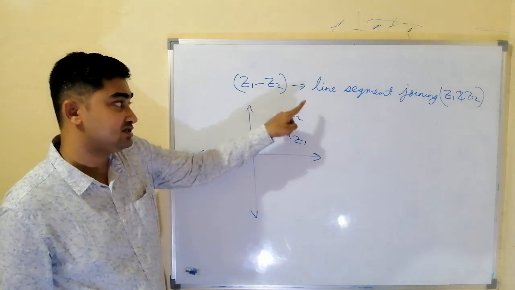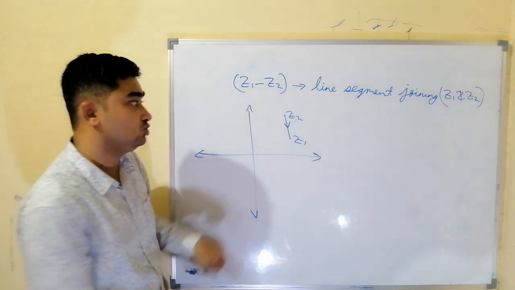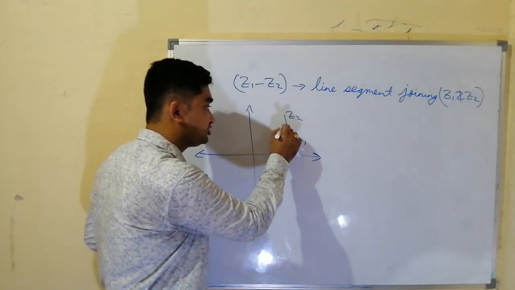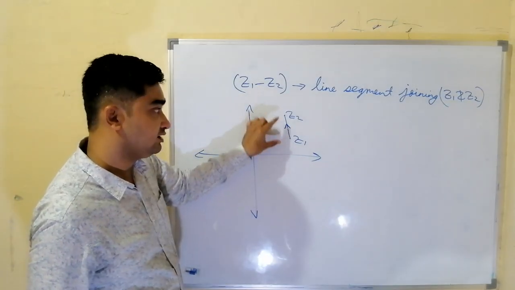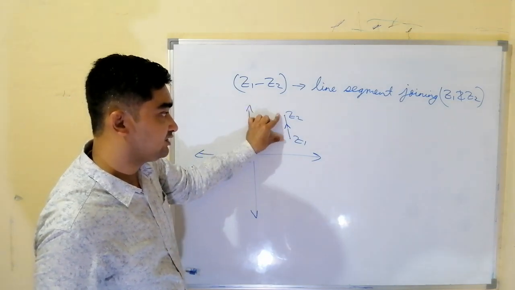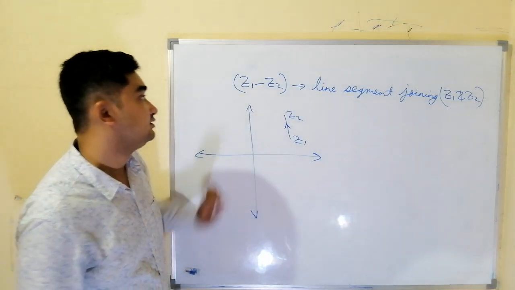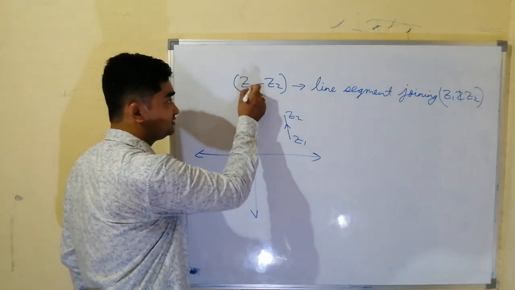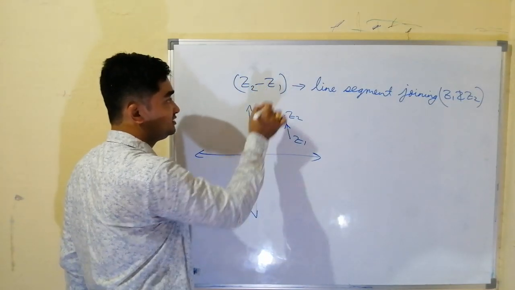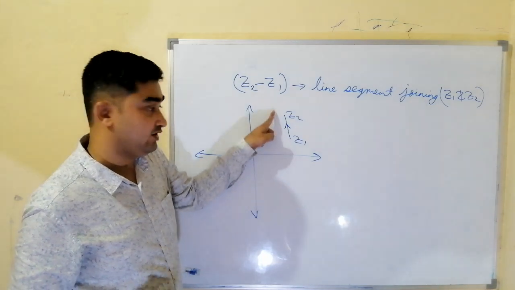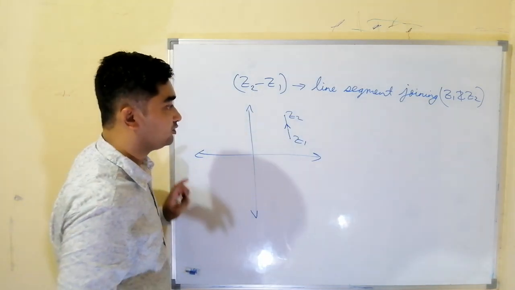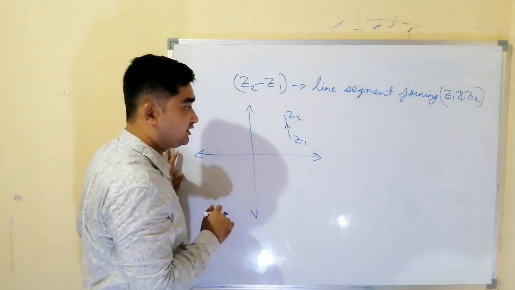Final minus initial is the line segment joining Z1 and Z2. If we are changing the direction, then final minus initial is Z2 minus Z1. Now this direction will become Z2 minus Z1. Let us write Z2 minus Z1. Now this line is Z2 minus Z1, from final minus initial.